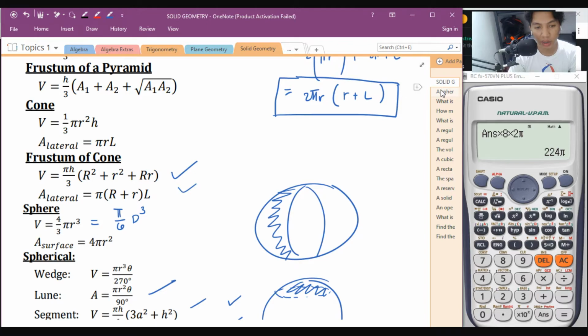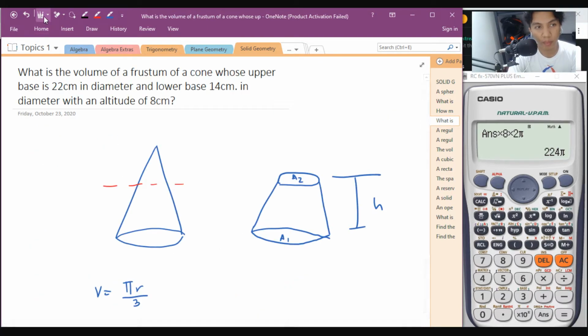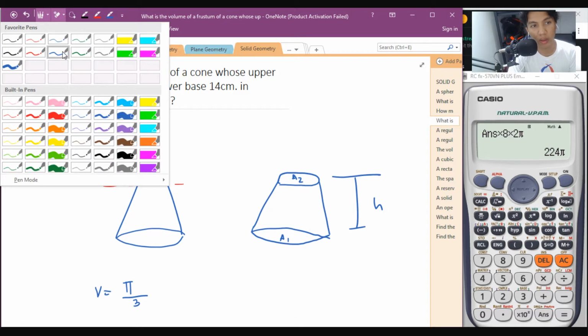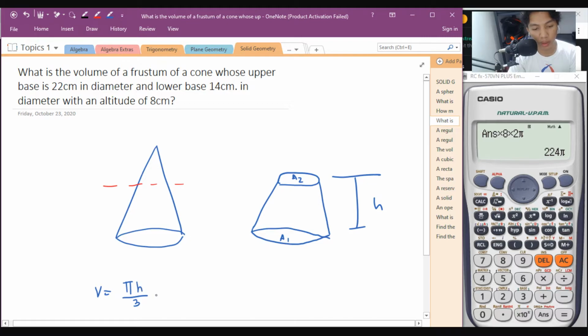Pi h, hindi r. Over 3. Multiplied 2. Yung malaking r, mas malaki dito eh. Oh, malaking r dapat yan. Ito yung maliit na r. So, R squared plus r squared plus R r.